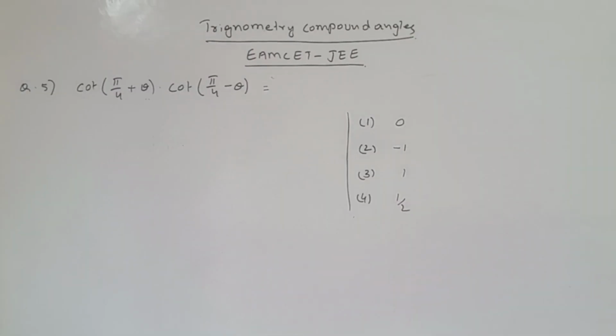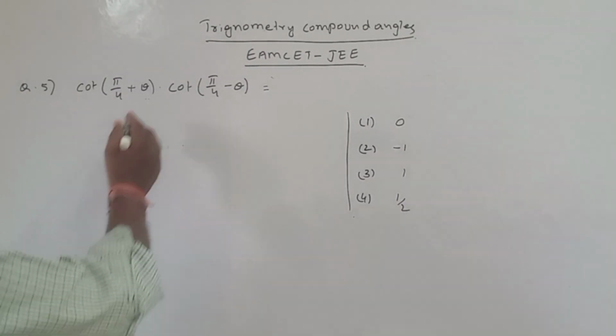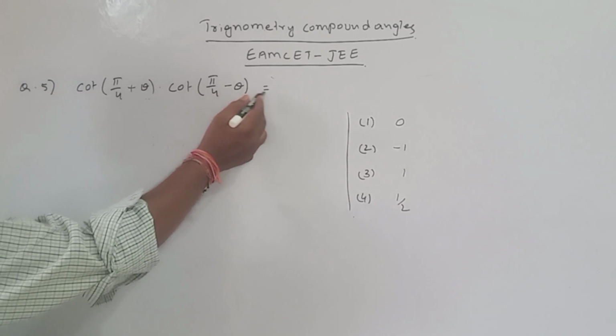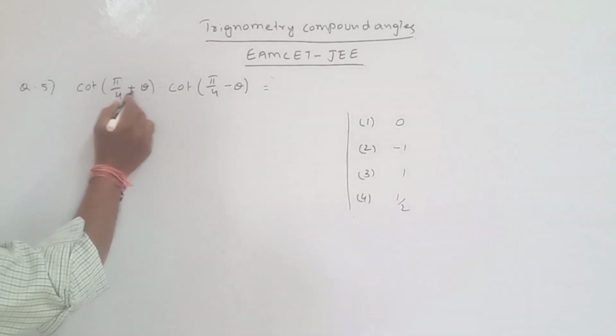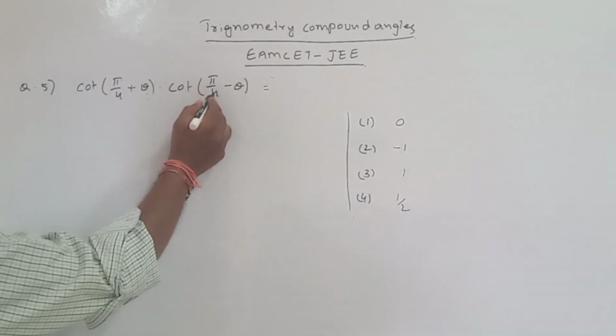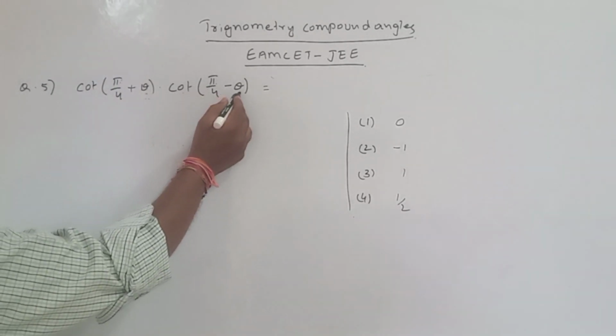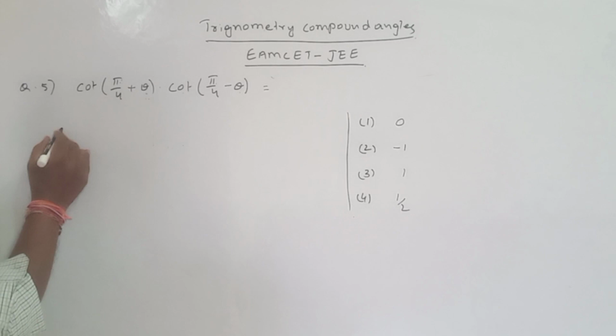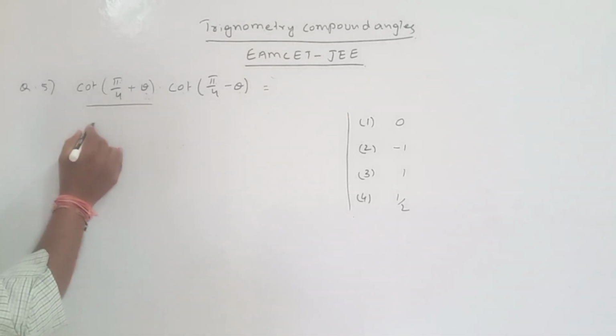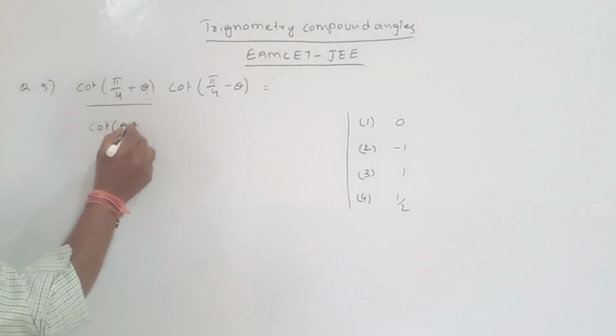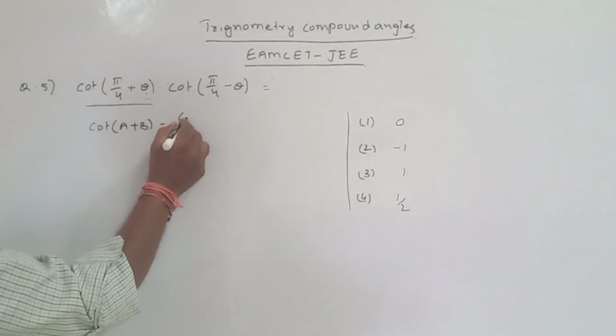We have the problem: cot of pi plus theta into cot of pi minus theta, minus cot of pi plus theta into cot pi by 4 plus theta, cot pi by 4 minus theta is equal to. So here, this is in the form of cot A plus B, which is equal to what?